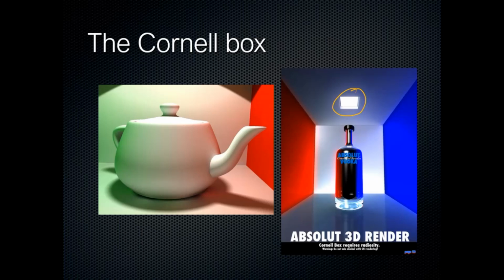And by having such a simple environment, a box with one light source on top, they can have an experiment that's very controlled between the perception of a real box with real objects and a fake box with a synthetic image.